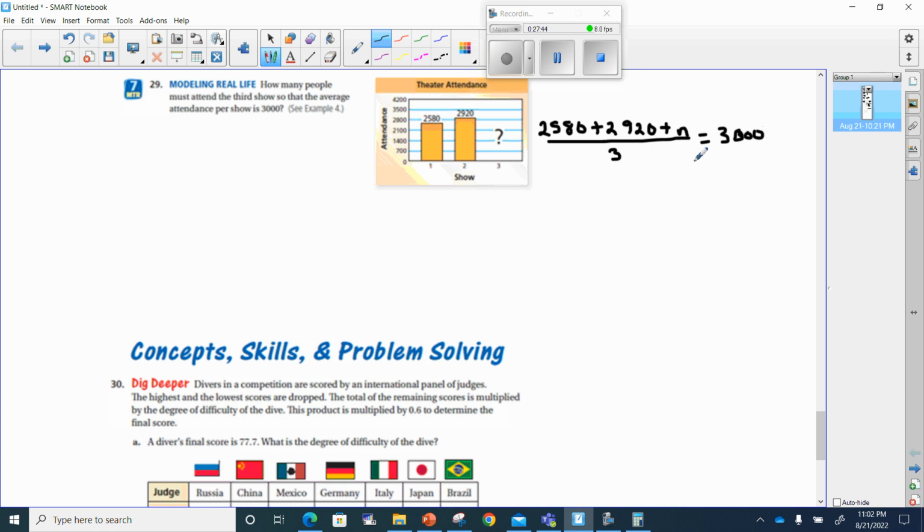So the first thing we're going to do is, since we're dividing by 3 over here, we're going to multiply by 3 to get rid of that. Now we have 2,580 plus 2,920 plus n is equal to 3,000 times 3, and that's going to give us 9,000.